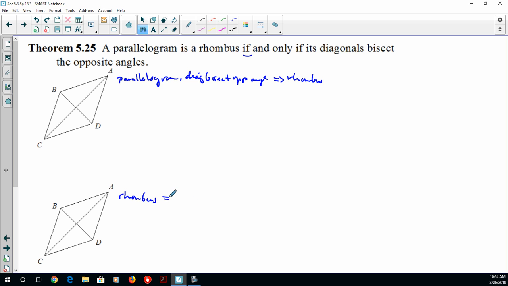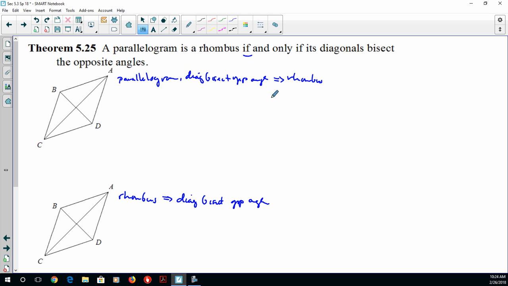This is actually the only if part. Kind of hard to understand it sometimes, but so that's why I didn't make a big deal out of it in topic 1. Which direction is if and which direction is only if, which one is necessary, which one is sufficient. That's a little hard to see sometimes because of the way we write it.